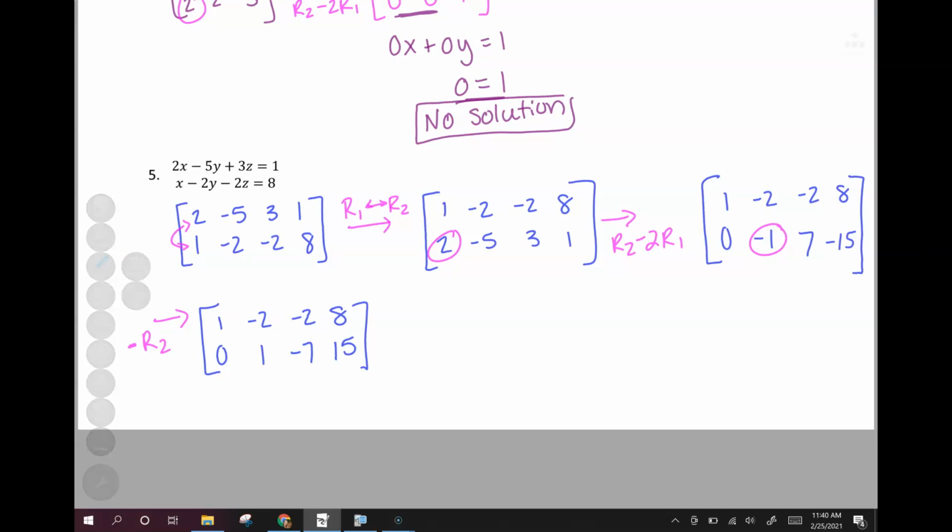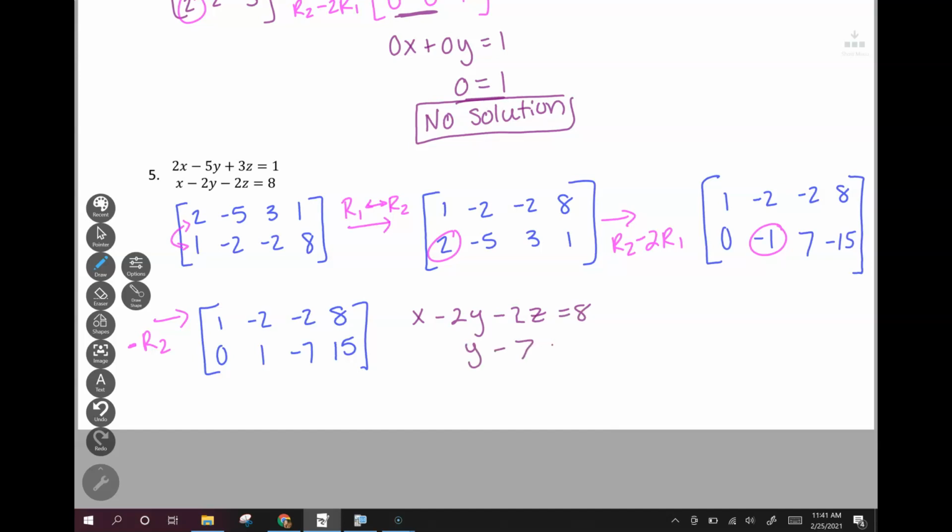So this one gives us, let's write out our system now. In the first row, we have x minus 2y minus 2z equals 8. In the second row, we have y minus 7z equals 15.